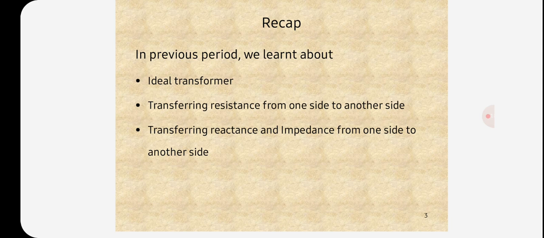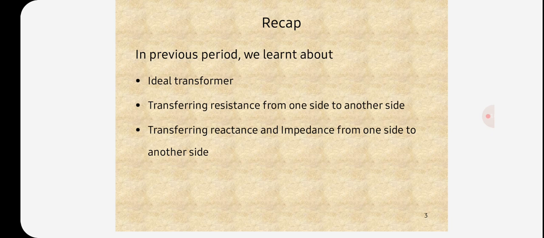In practice it is impossible to get an ideal transformer, but practical transformers have properties that approach very close to an ideal transformer. So we can consider an ideal transformer on no load whose secondary is open.